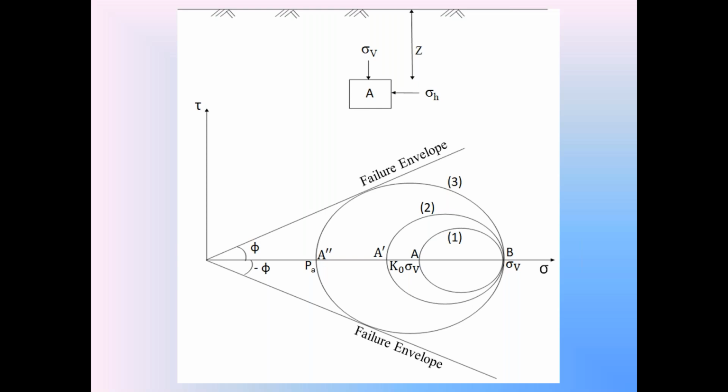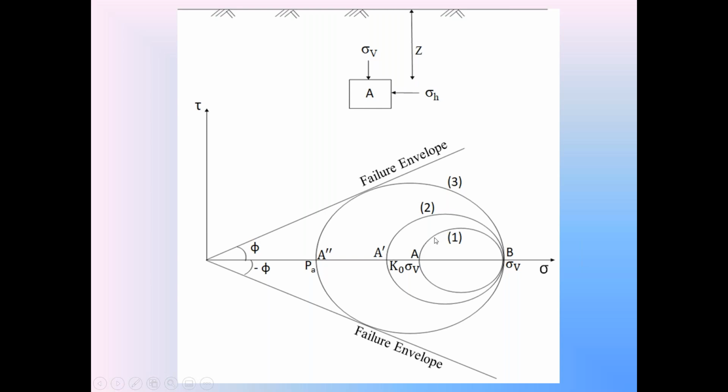Two stresses are acting on the soil element: vertical stress sigma V and horizontal stress sigma H. Since this soil element is in rest condition, no shear stress is acting on it. So sigma V is a principal stress, and sigma H is also a principal stress. By using these two stresses sigma V and sigma H on this soil element, prepare this first Mohr stress circle.